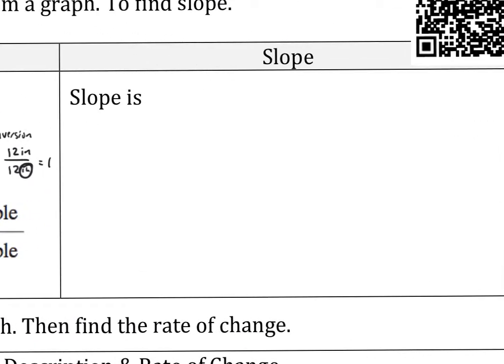There's a couple different ways to describe slope, but you can simply say it is the steepness of a line. So, for example, this line is very steep, and this line is very shallow, right? It's going up just a little bit, but the slopes are clearly different on this one.